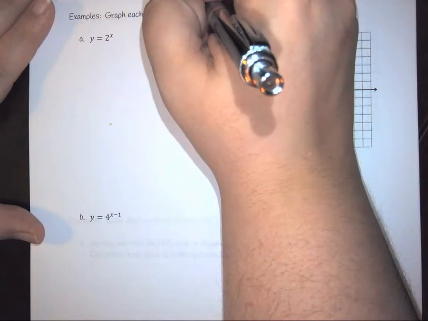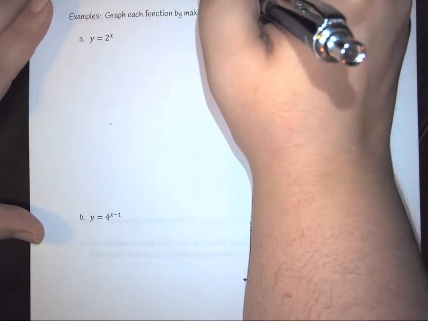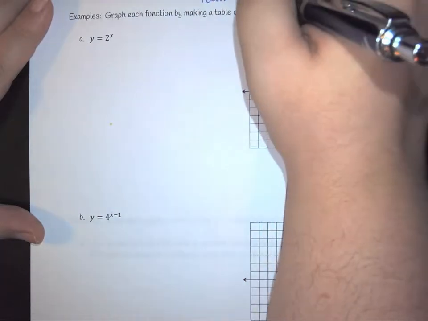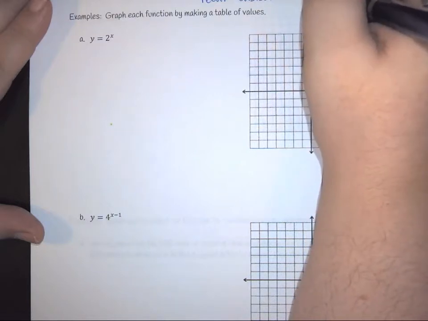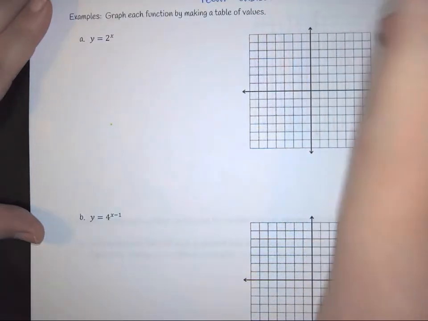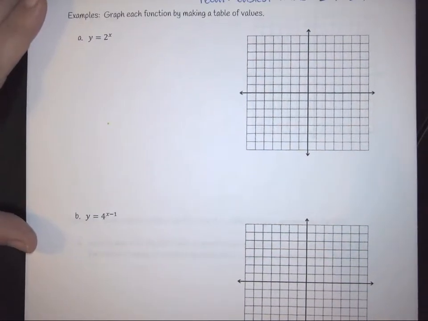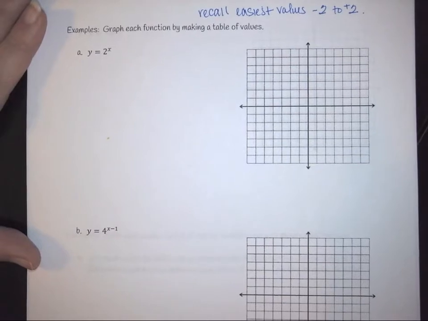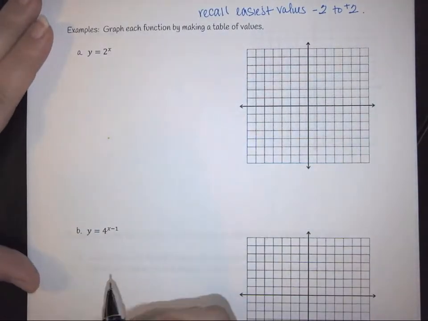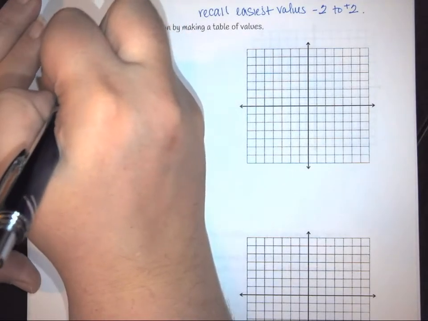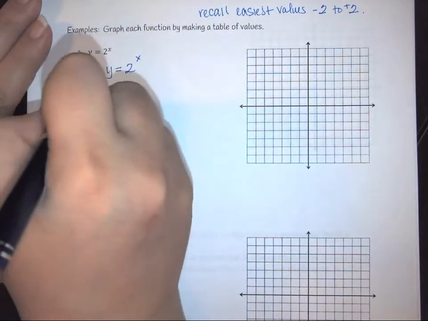You should recall that the easiest values go from -2 to +2. Okay? So for most cases, that's going to be the easiest snapshot for you to look at, is that the easiest values are going to go from -2 to +2. So I'm going to create myself a table where I have x, and then my y was 2 to the x.